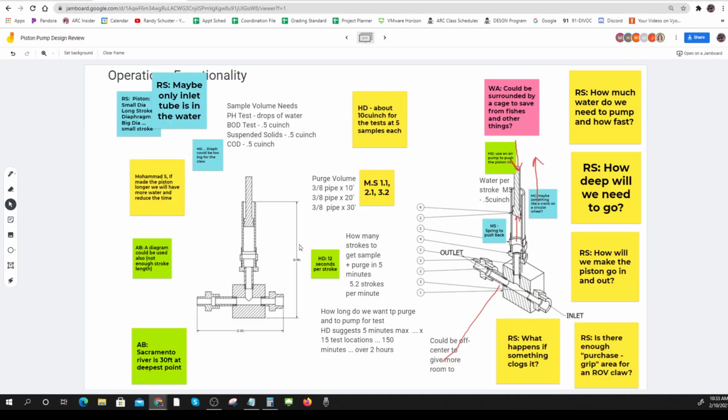So if that's the case, I'm just going to put that here. If that's the case, is this circular crank or wheel any kind of a problem? Well, so Haley says that might remove the need for the ROV. Or do we need? That's an excellent question.